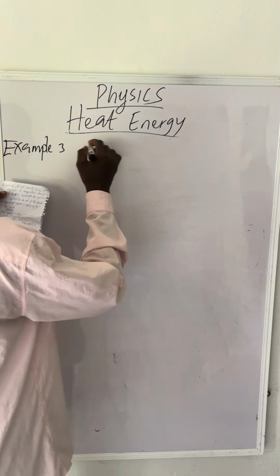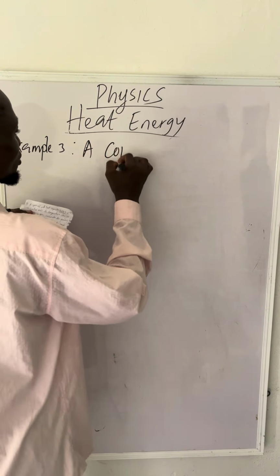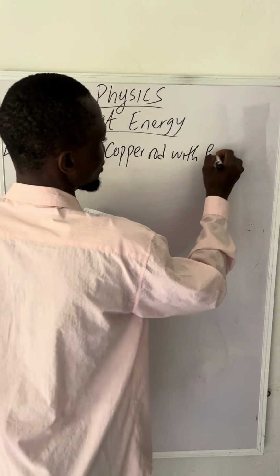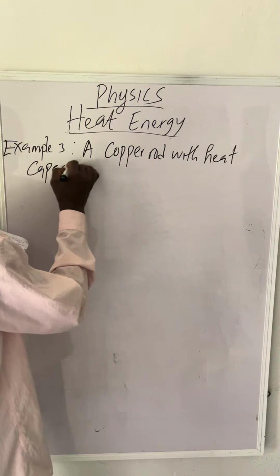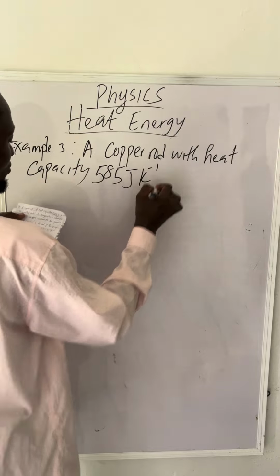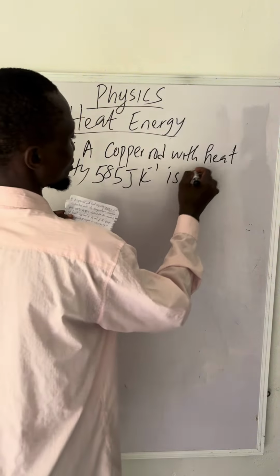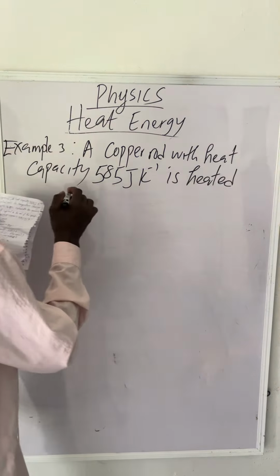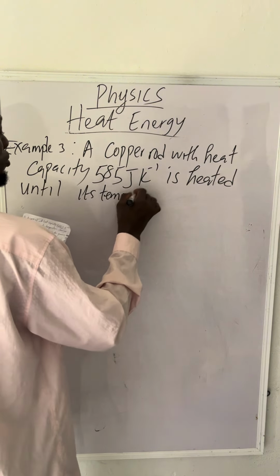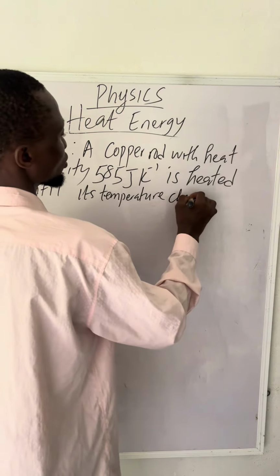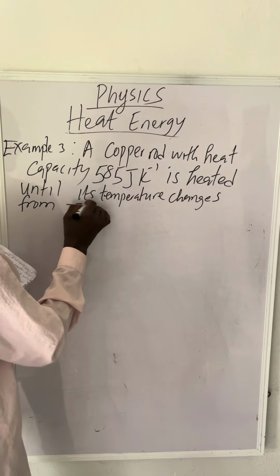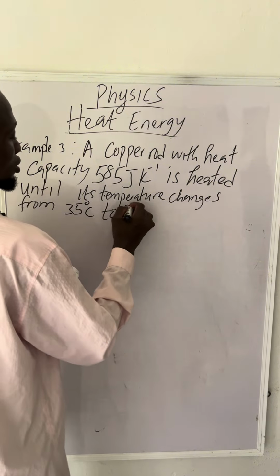The question says, a copper rod with its heat capacity 585 joule per Kelvin is heated until its temperature changes from 35 degrees Celsius to 80 degrees Celsius.